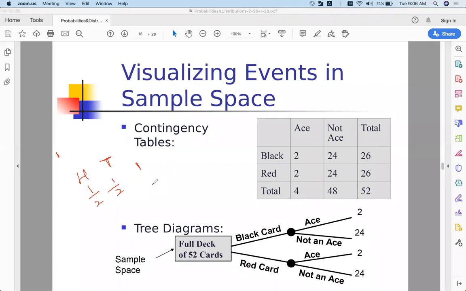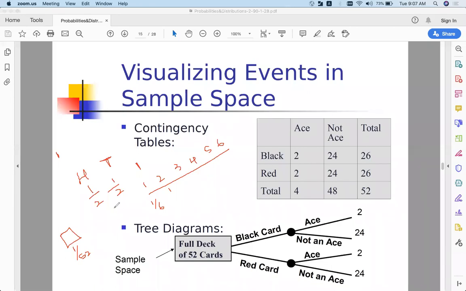Now when I roll a dice, the probability of 1, 2, 3, 4, 5, 6 is 1 by 6, 1 by 6, 1 by 6. Here also when I add all the individual probabilities, the result will be 1. If I take this deck of cards, the probability is again 1 by 52. If I add all those 1 by 52, 52 times, the result will be 1.